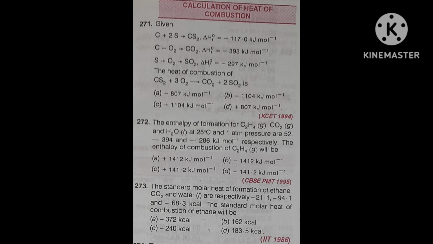Then if you put the values, 2 into minus 394 for CO2, plus 2 into minus 286 for H2O.